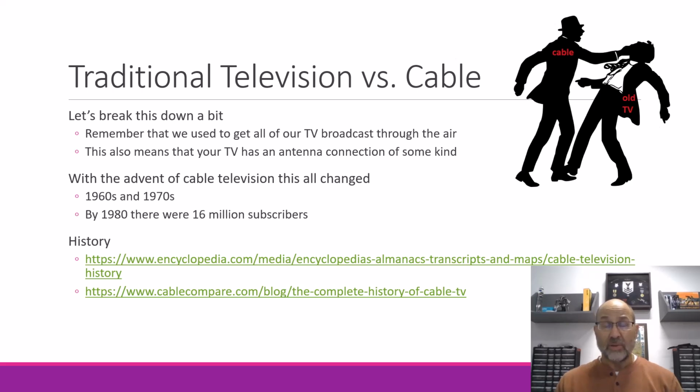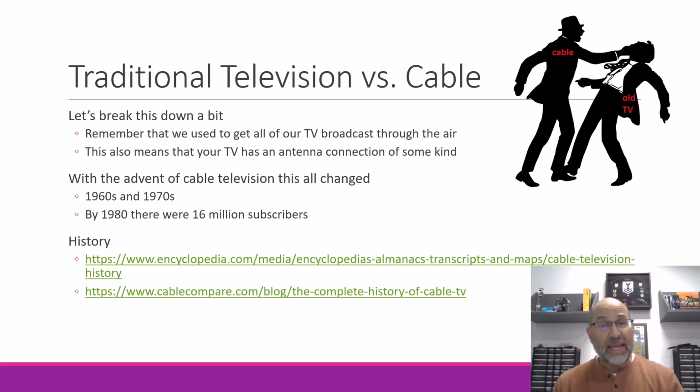So the mountains, valleys, places like that, I think it was the Allegheny Mountains, they got the idea that they said if we put an antenna way up on top of the mountain or on top of the hill and we run a cable down to everybody and then split it off, then everybody will be able to see what in the world is going on in the broadcast world. So I've included a couple of links here to the story. I'll put those in the show notes too. Really, really sort of interesting.